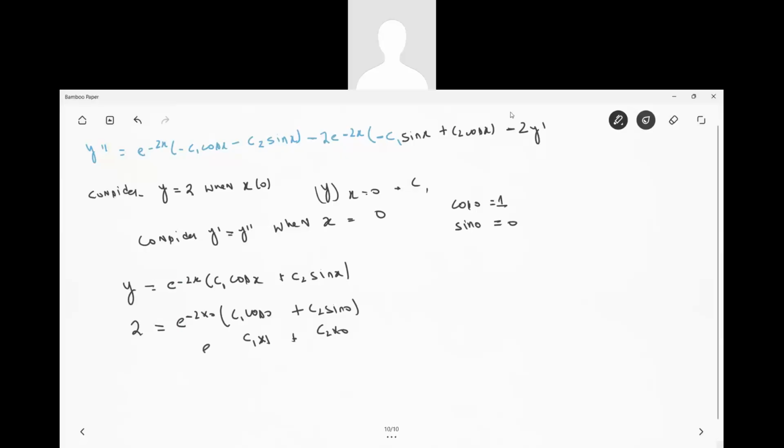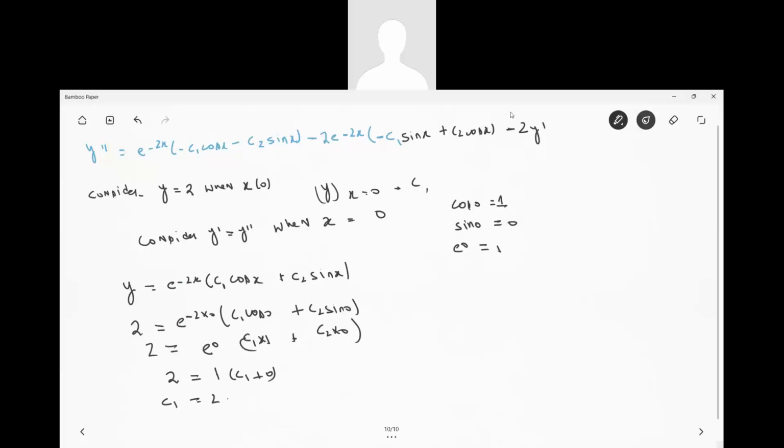Then this is e power 0. Whole of this is equal to 2. Remember, e power 0 is equal to 1, anything to the power 0 is equal to 1. So this would be 2, that is 1 into C1 plus 0. So you got the value of C1 is equal to 2, correct?